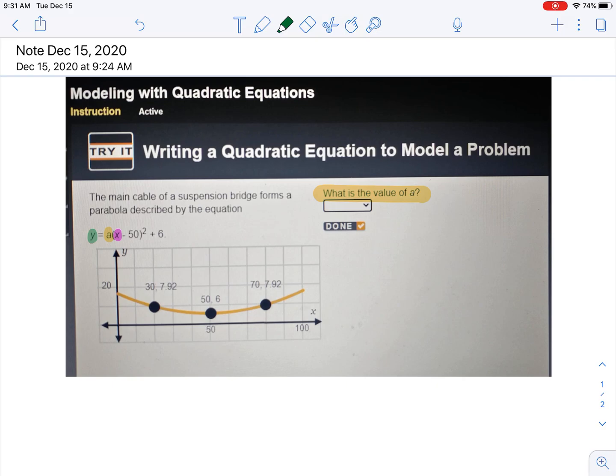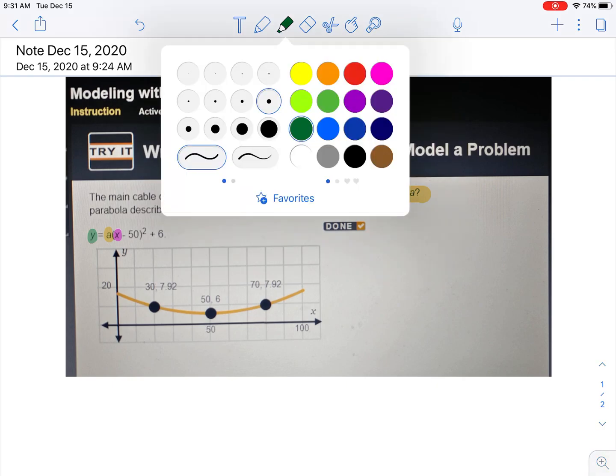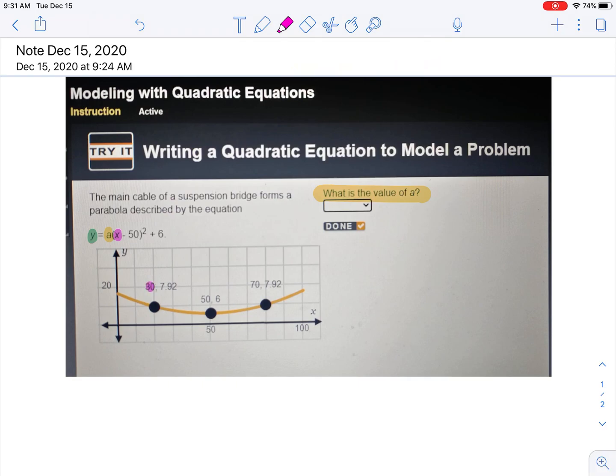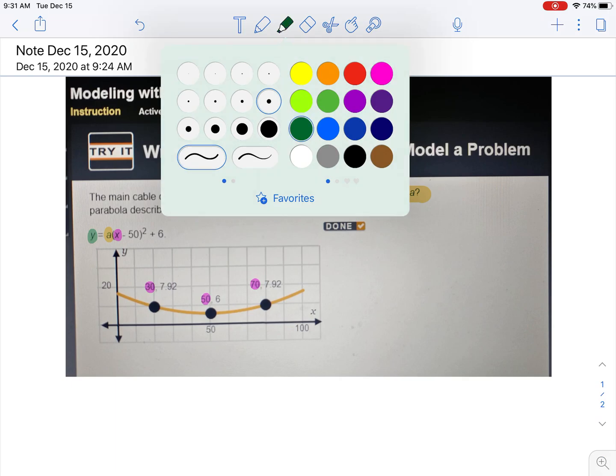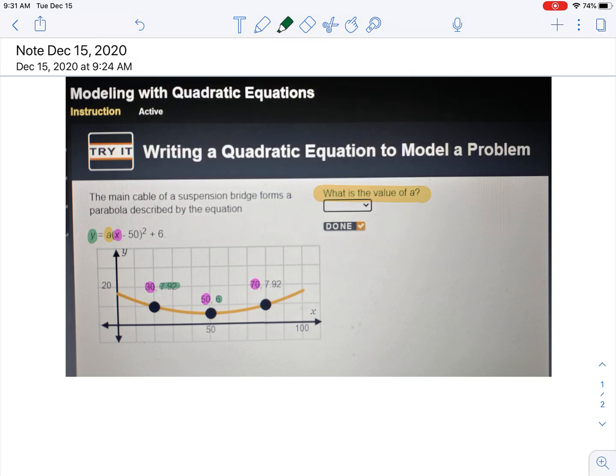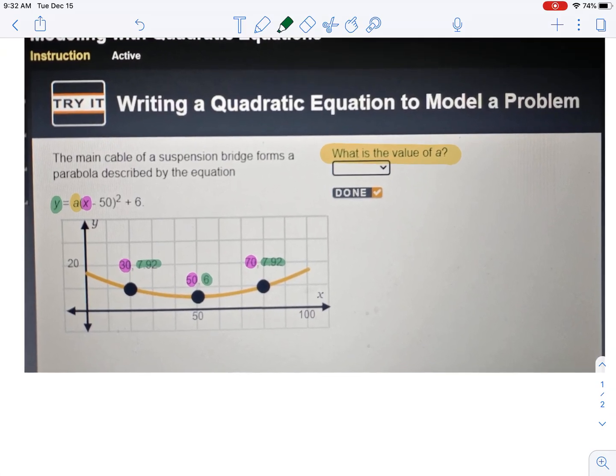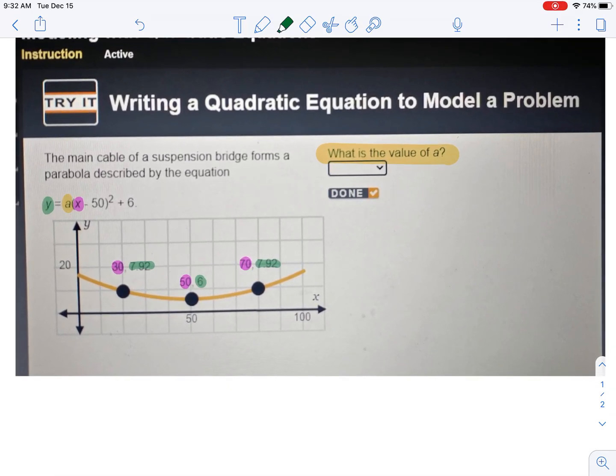You'll recall that the first number of each point is an x value, and the second number is the y value. So what we can do here is choose any of these 3 points provided on the graph and substitute them into this equation.